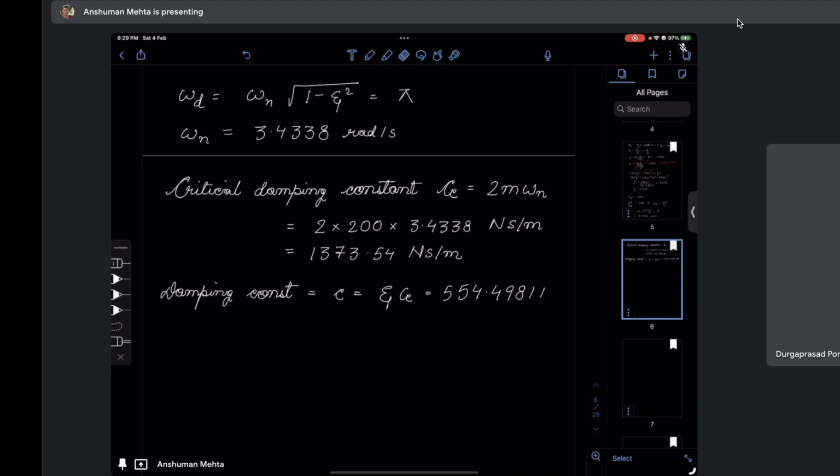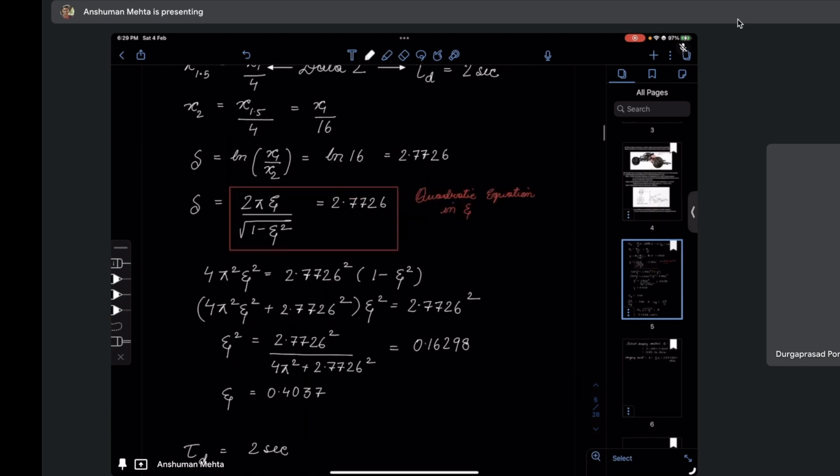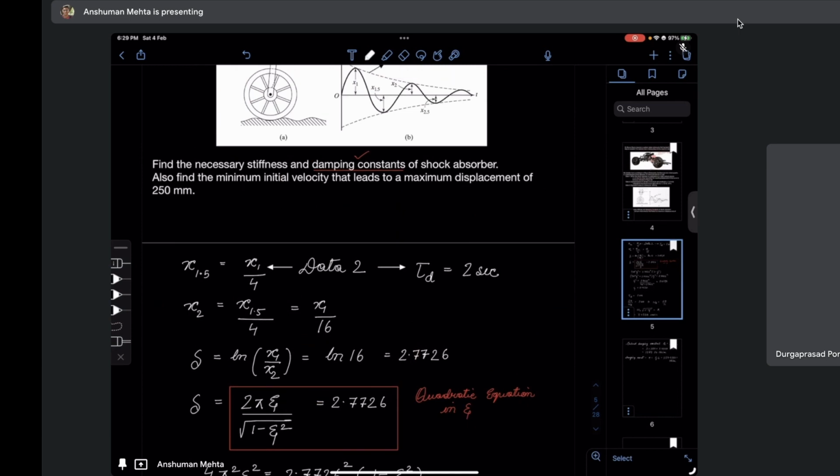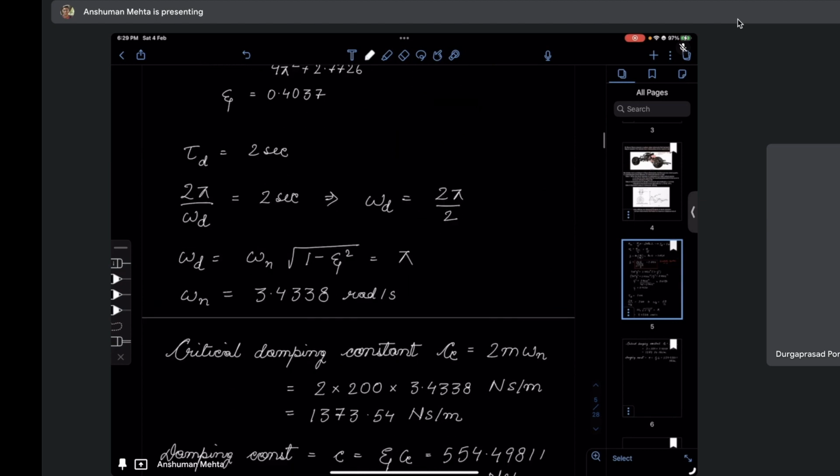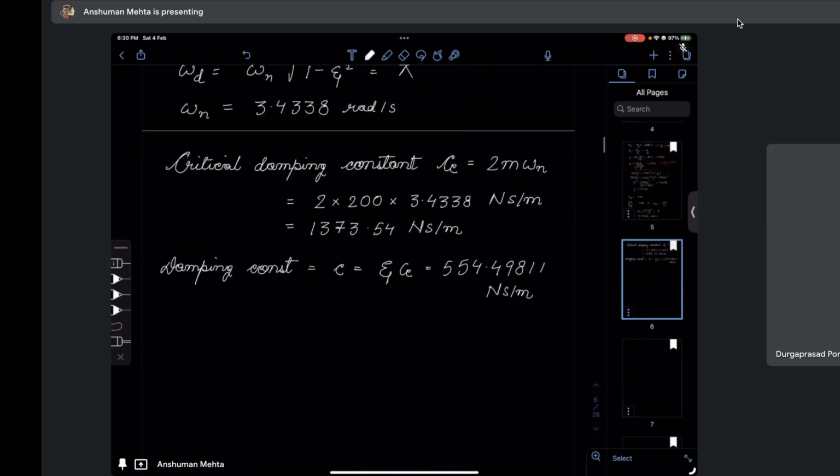So this gives us the first part of the solution. Now you have to find k. For k, we know that omega n is equal to under root k by m.